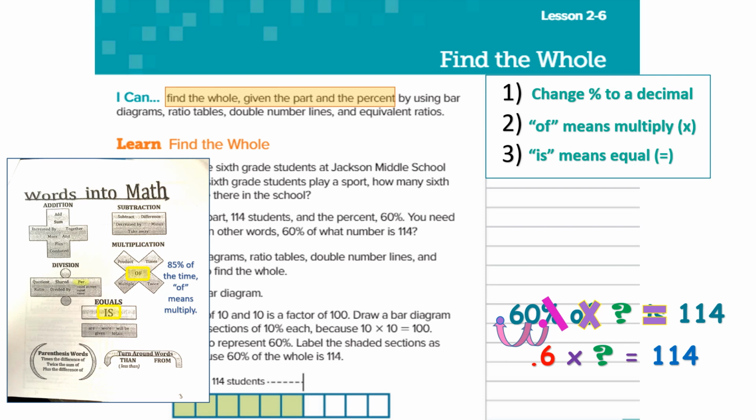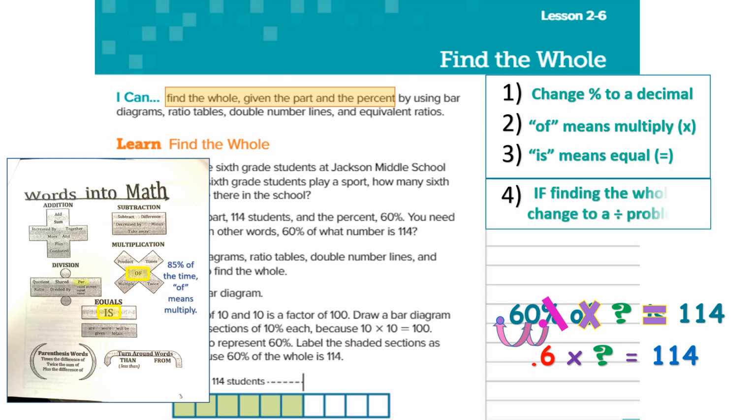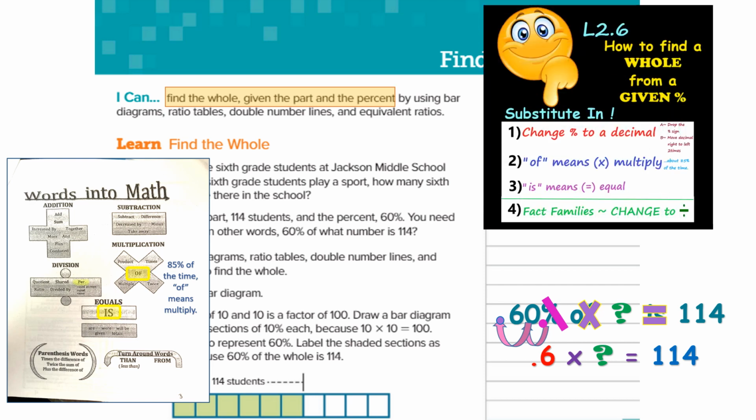So I have 6/10 times something is equal to 114. So now what do I do? Well, that's going to be the fourth step. And the fourth step is that I'm going to change it into a division problem, where I'm going to end up finding the whole value for the math problem.